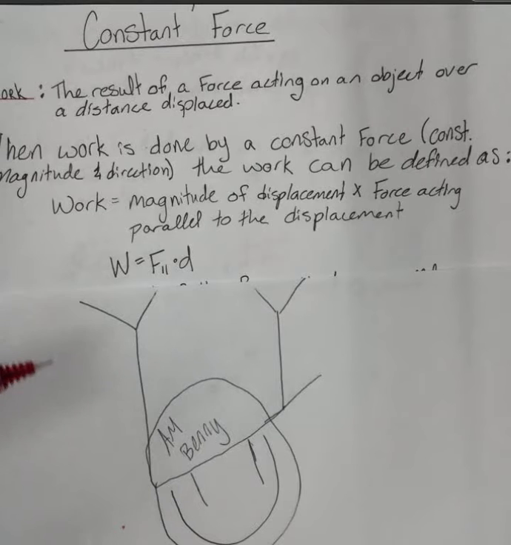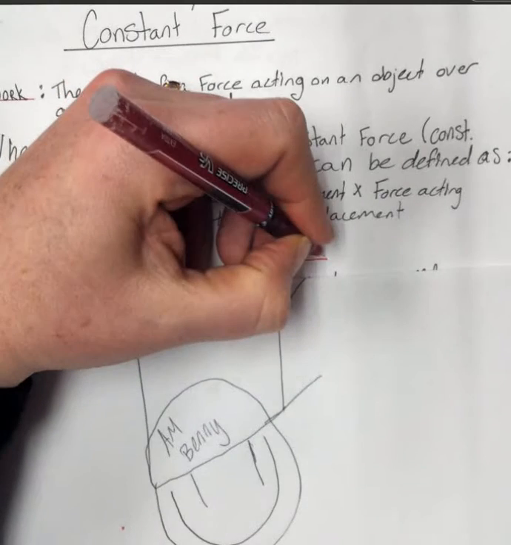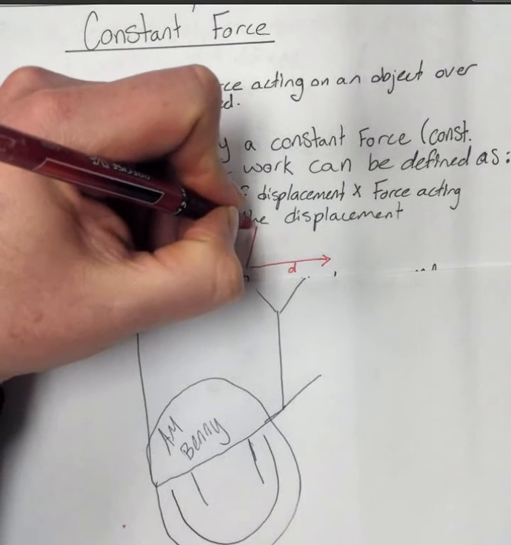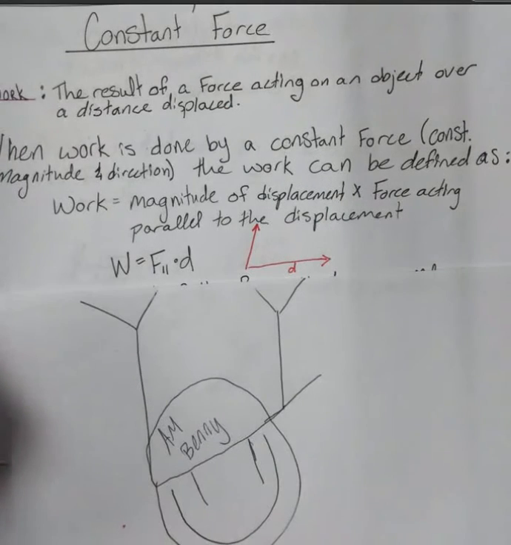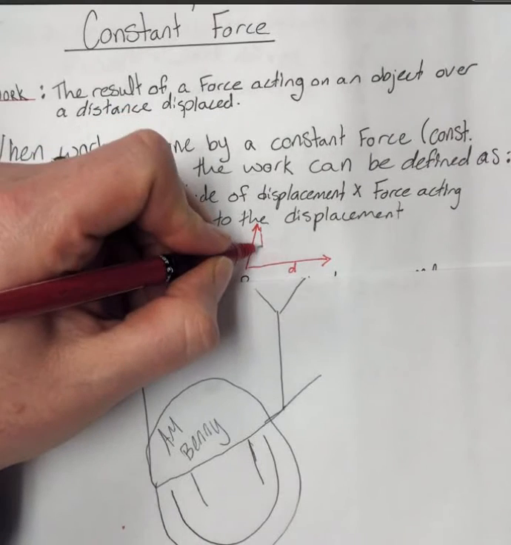A force that is not at all in the direction of displacement will not do work to that object. Likewise, if you apply a very large force but only a very small component of it works in one direction, say for example you are displacing something in this direction, and then you apply an enormous force in this direction, well, take a look.